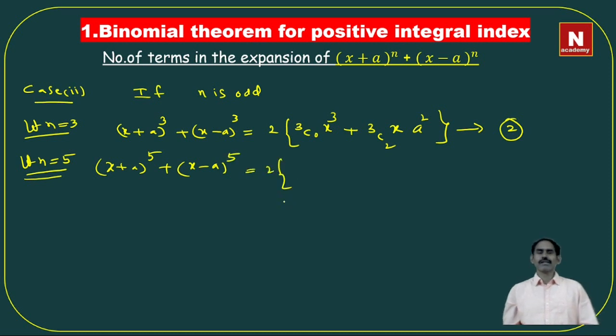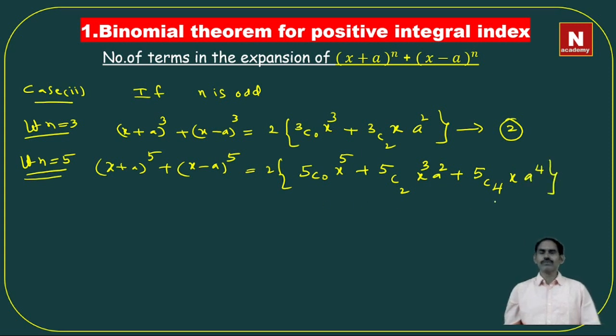After expansion, we will get 5C0 x^5, next even suffix 5C2 x^(5−2) a², next 5C4 x^(5−4) a^4. That's all. Only up to 4 even suffixes we should write. How many distinct terms? Again here 3. Now here we are getting 2, and in this example 3.